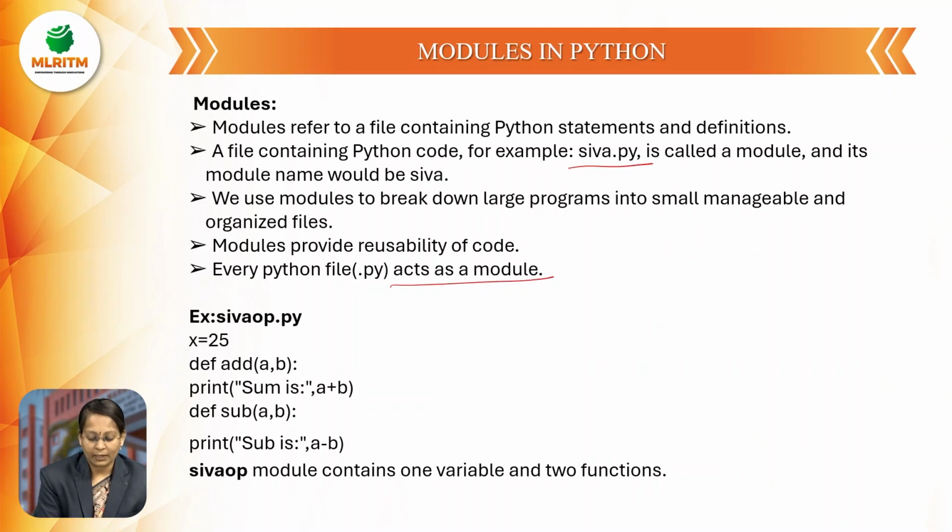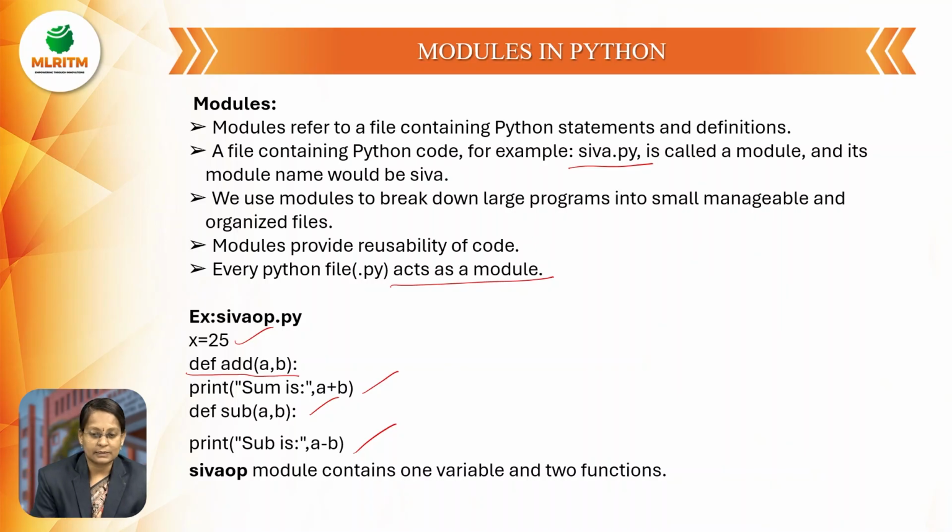For example, here is one example: x is equal to 25, and definitions: def add(a, b), print the sum is a plus b; def sub(a, b), print sub is a minus b.